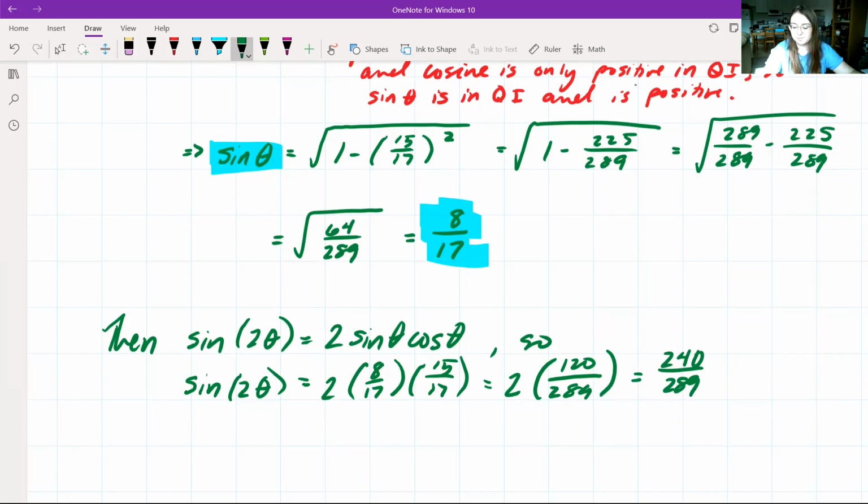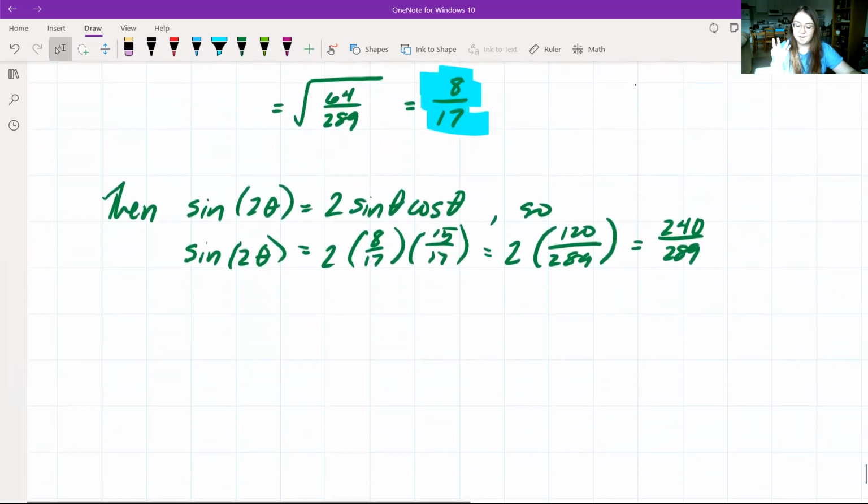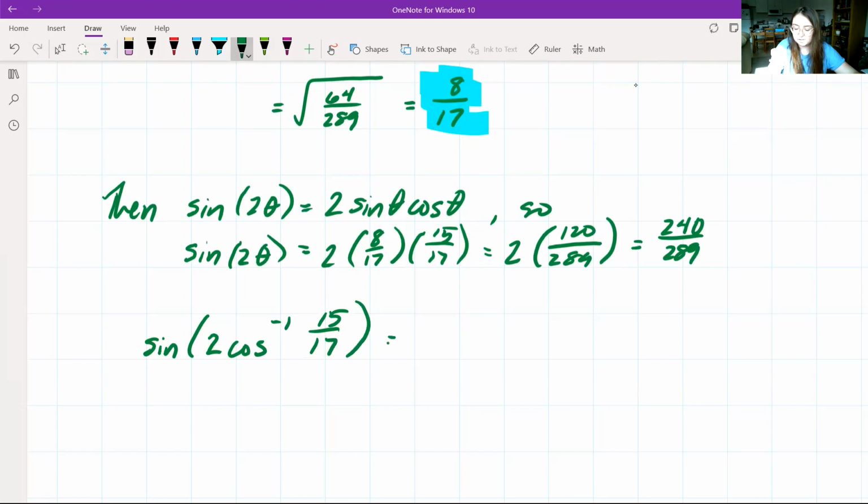I got a little too eager. But so we see sine of 2 theta is then equal to 240 divided by 289, which means our final answer here of sine of 2 cosine inverse of 15 over 17 is equal to 240 divided by 289.